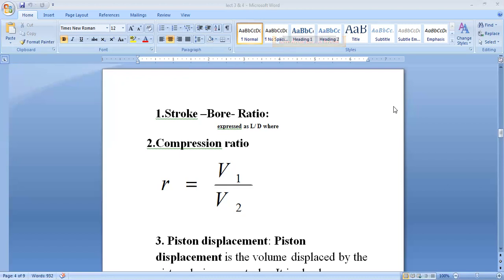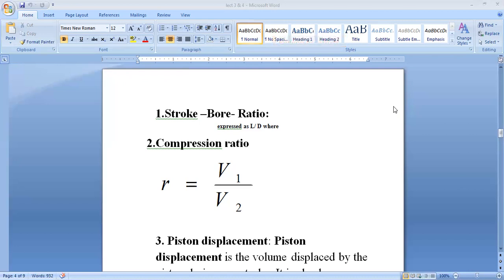Compression ratio is expressed as r equal to V1 upon V2, where V1 is the total volume and V2 is the clearance volume. I told you in the combustion chamber there is a clearance. When the piston moves upward, it goes to the top dead center.